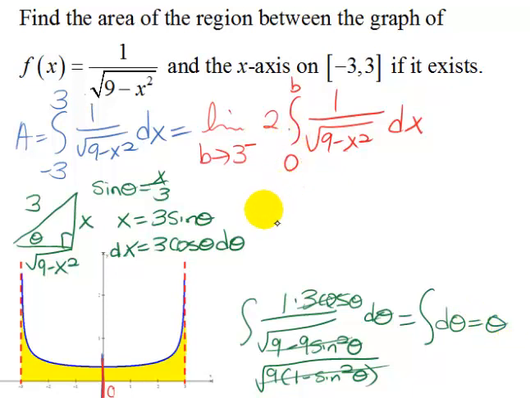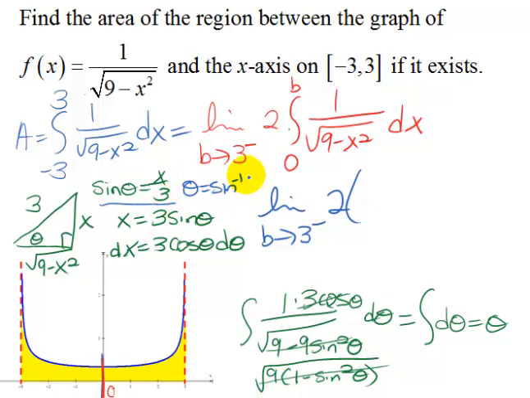So as we go back up here, I still have the limit as b approaches 3 from the left-hand side of 2 times, this is just theta, but what is theta in terms of x? Well, we have this right here, and so theta would be the inverse sine of x over 3. So this is going to be sine inverse of x over 3 evaluated from 0 to b.